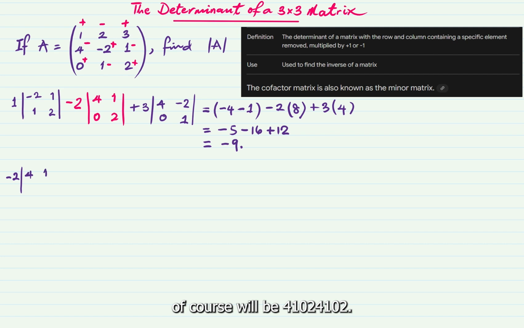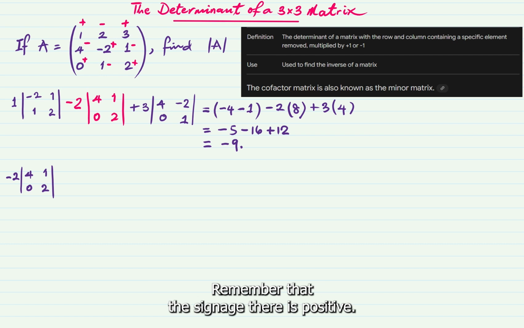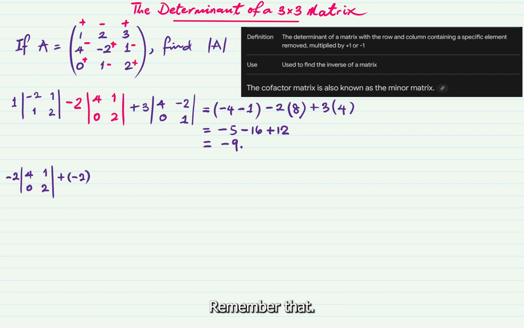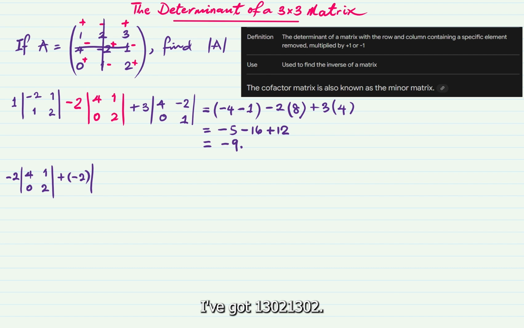And then next, I'm going to choose -2. Remember that the signage there is positive, so it's positive, however, it's -2. Remember that. And then if I cancel the row and cancel this column, I've got 1, 3, 0, 2.